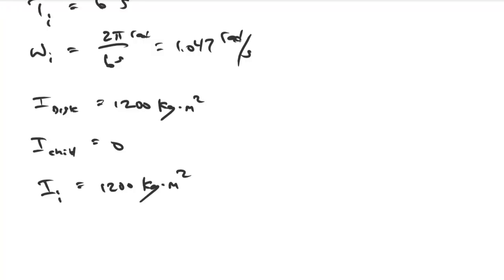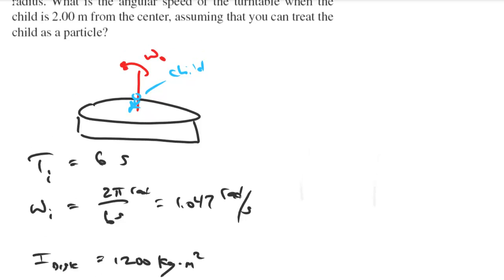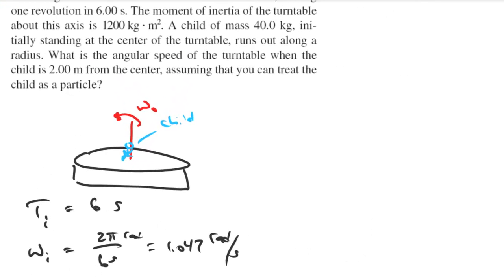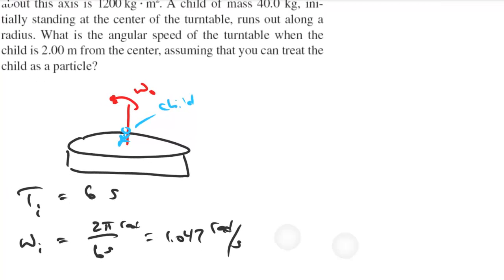Okay, so this is what we have starting out, and then what happens is that the kid runs out to a point that's 2 meters from the edge. So we have a change in distribution of mass. The kid was at the center, and then the kid goes out to the edge. We can think of this as basically like a collision.